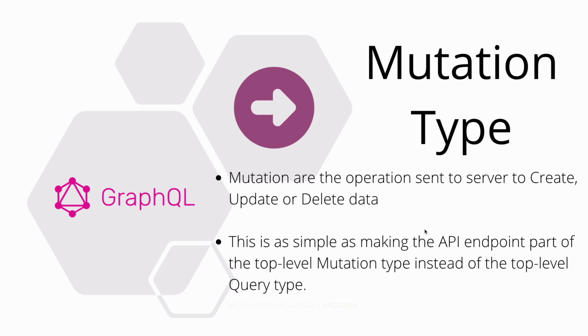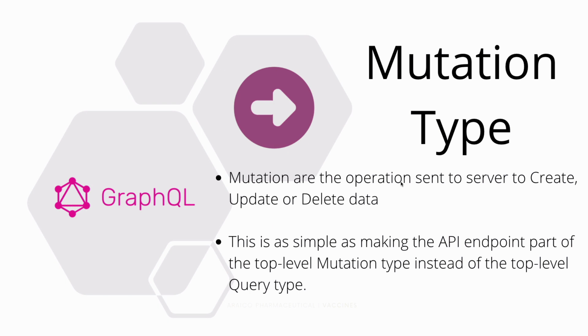Next is the mutation type. So what is mutation? Mutation simply means changing or updating anything. So if we are saying that we are going to do the mutation, this means we are either doing create, update, or delete, or simply saying other than getting anything.